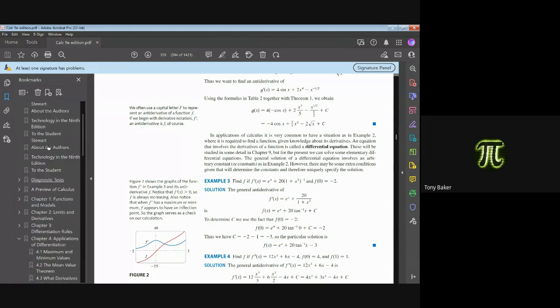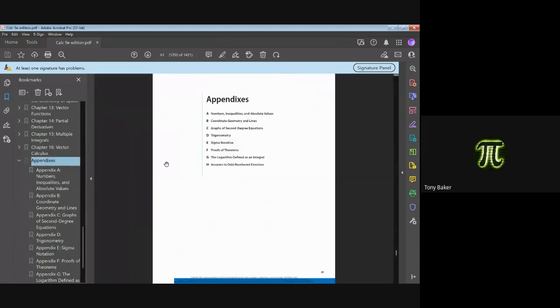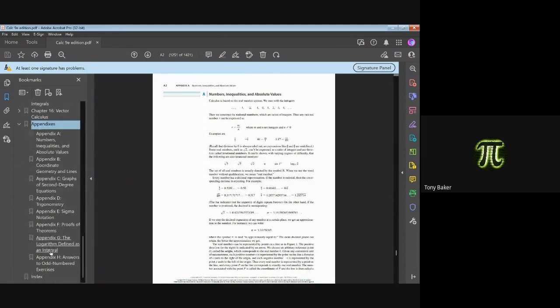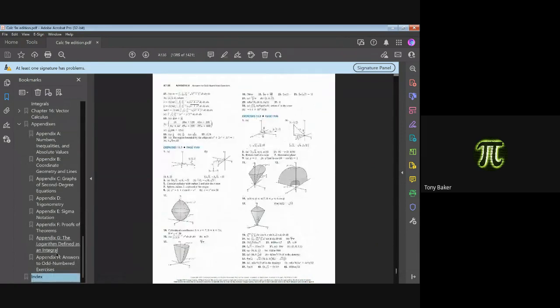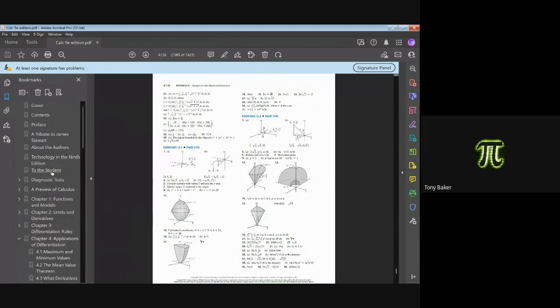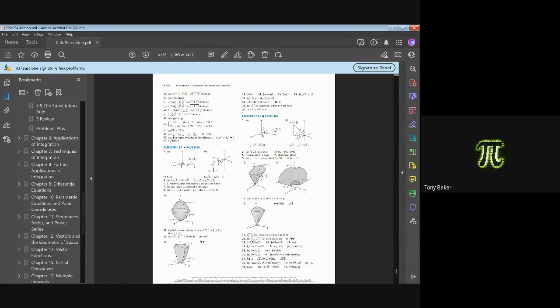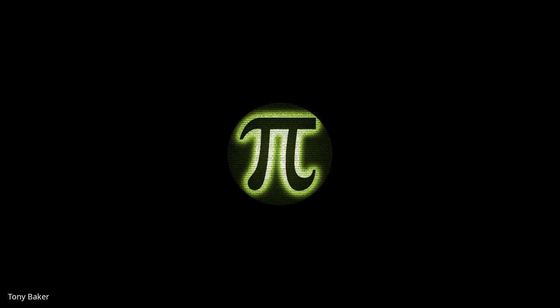Does it not have it? Hold on. Does it not actually have it at the end? Oh, that's weird. This book doesn't actually have it. All right. Hold on. I will find it. I know what I want to show you.